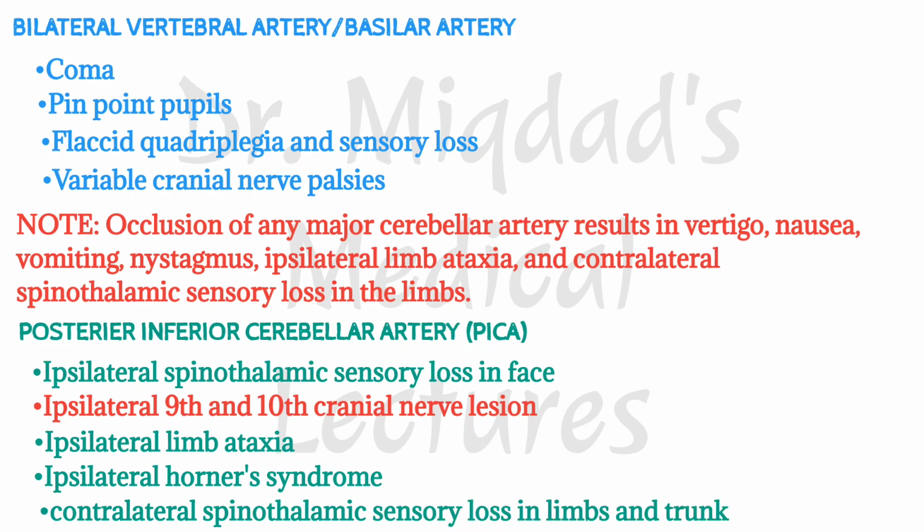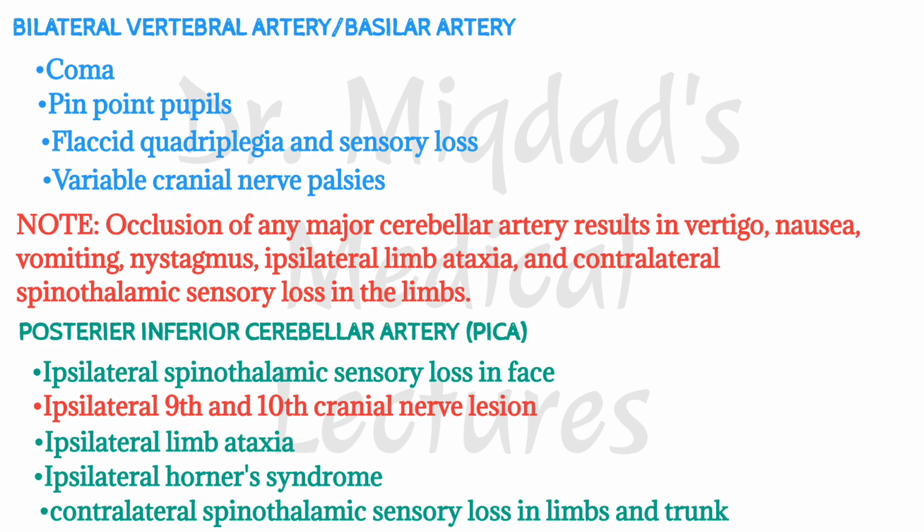Here the other features like ipsilateral limb ataxia, ipsilateral Horner syndrome, and contralateral spinothalamic sensory loss in the limbs and trunk are common. So the only important one to remember is 9th and 10th cranial nerve lesion.